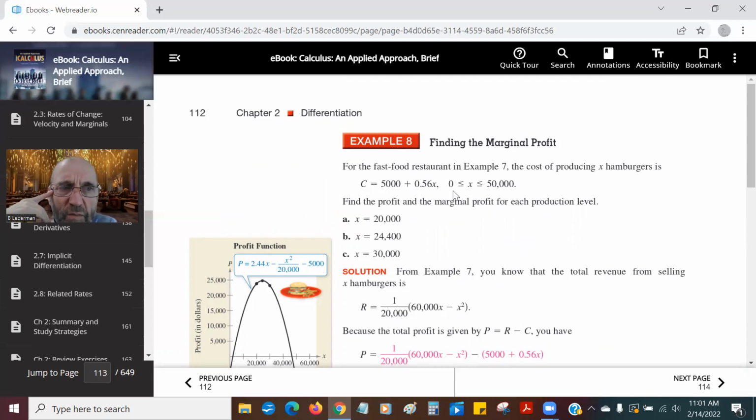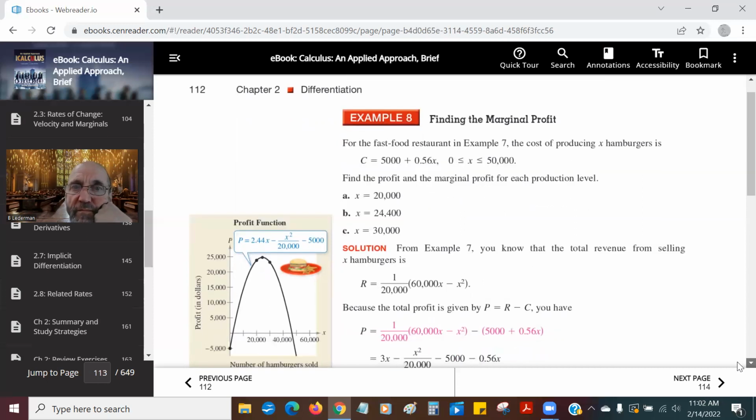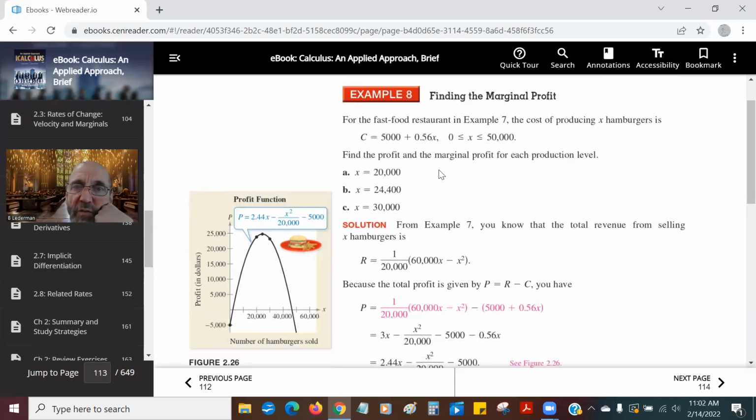I just want to mention that how they found these particular equations is a huge field, and a well-paying field: taking raw sales data, or raw data of any kind, and finding a formula that fits that data. Anyone interested in going into that, take note. Anyway, you want to find the profit and the marginal profit when X is 20,000, 24,000, etc.